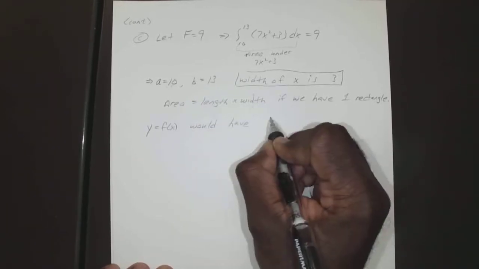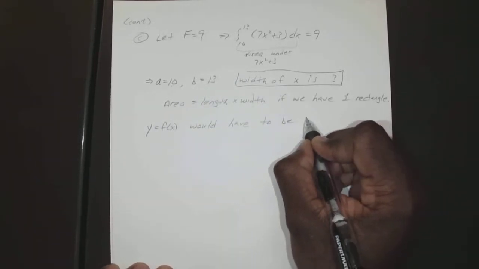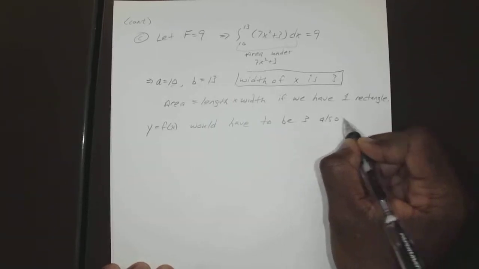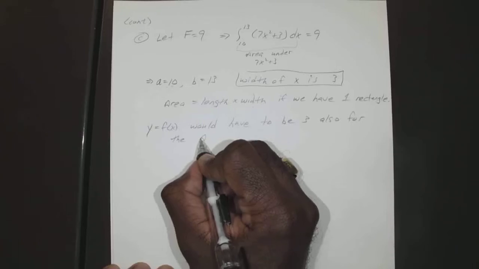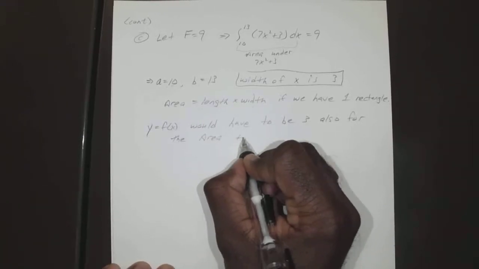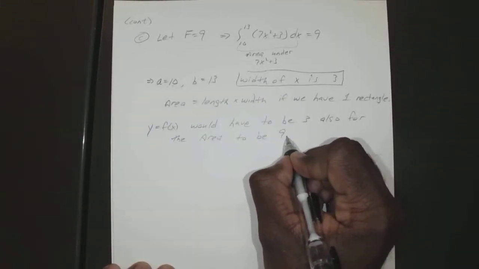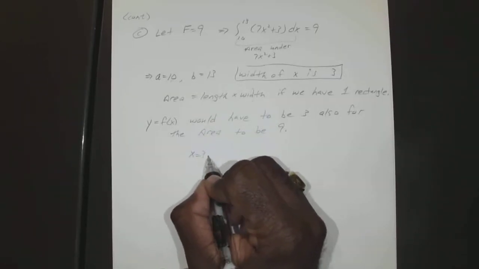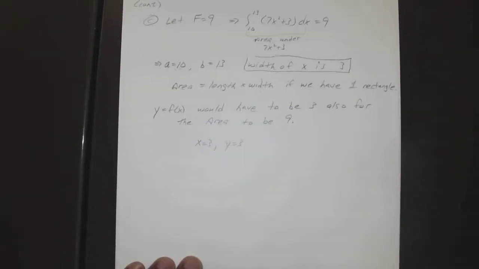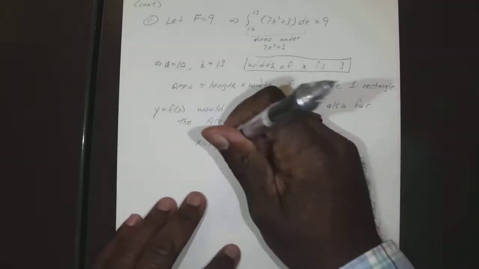So it would have to be 3 for the area to be 9. Okay, so we have x equals 3 and y equals 3, or I might as well say f of x equals 3.